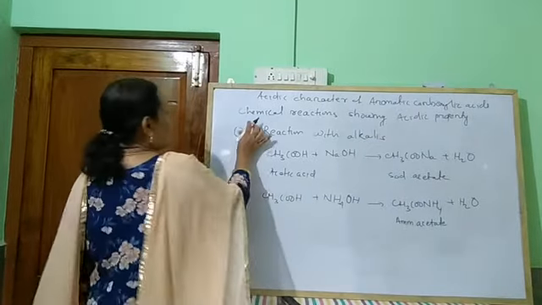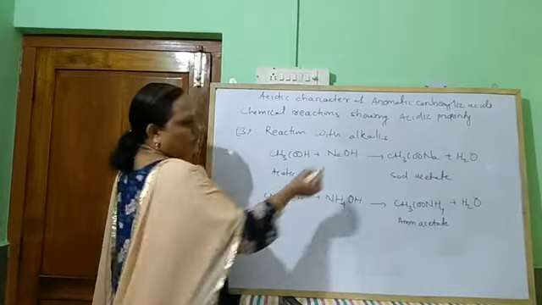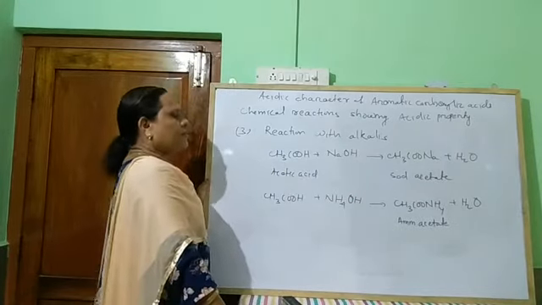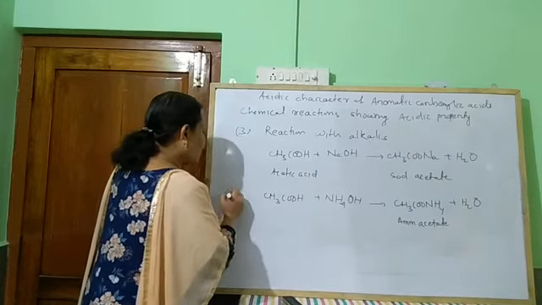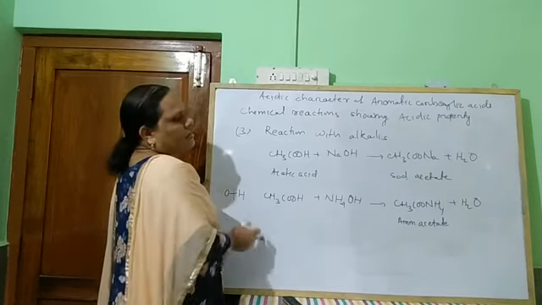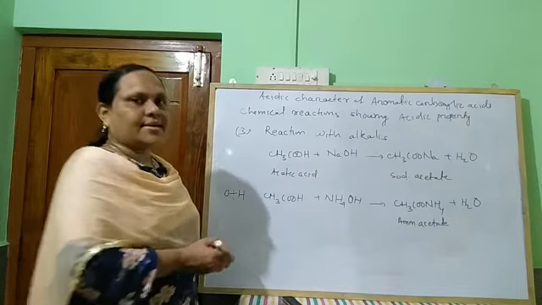So carboxylic acids react with alkalis to form salt and water. So these are the reactions which show the bond cleavage takes place between O and H. And later we will discuss the other chemical properties of carboxylic acids. Okay.